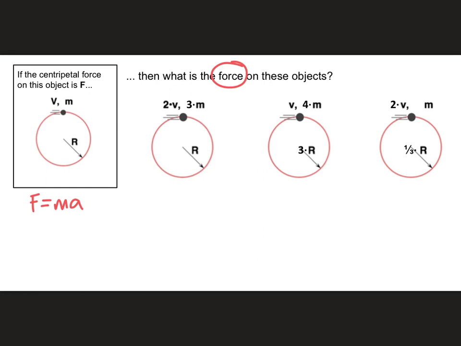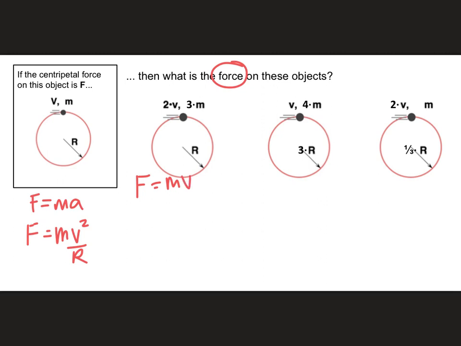What I have, though, is v and r. So I'm going to remember that a is v squared over r, and I'm going to plug that in for a. And so I've created a new formula for this particular situation, where we take the mass times v squared over r. Let's see how this works with our problems here.